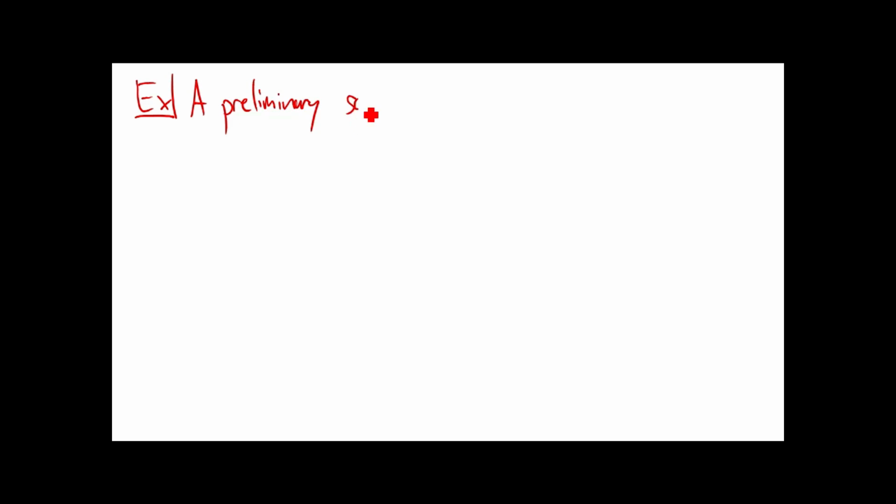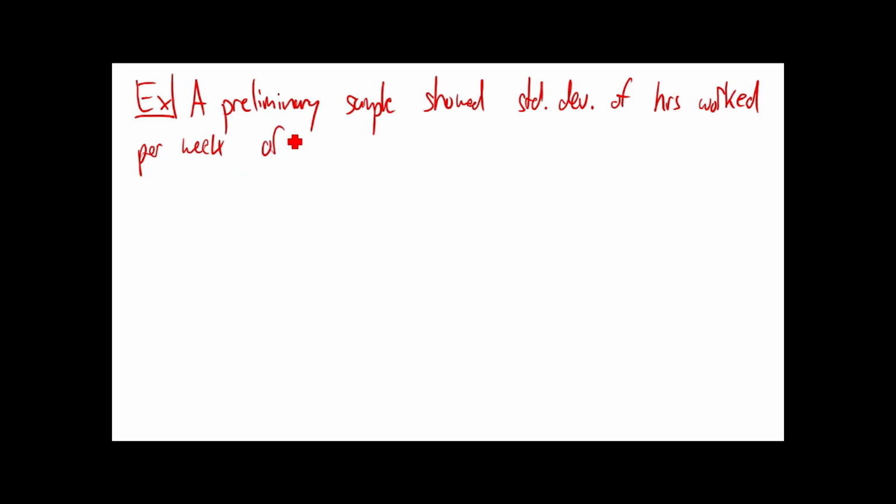Our preliminary sample showed that the standard deviation of hours worked per week of CBC students is 15.17 hours, right? And our margin of error was pretty big, right? It was like 5 hours.